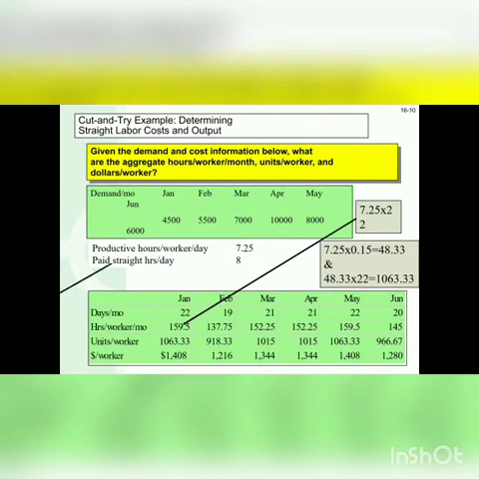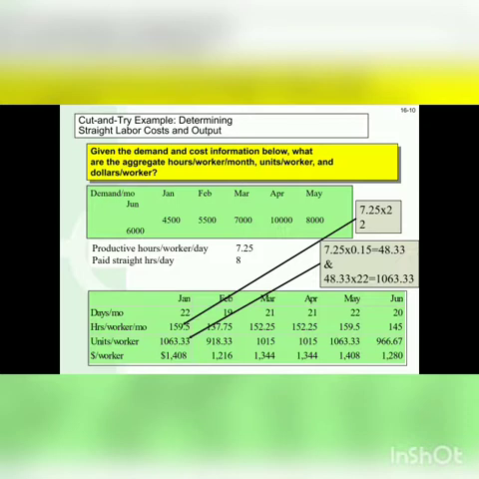So that will be the total units per worker. A worker can produce 1063.33 units in the month of January. Similarly, we can calculate by using the same formula.